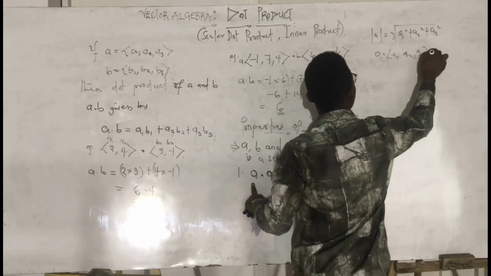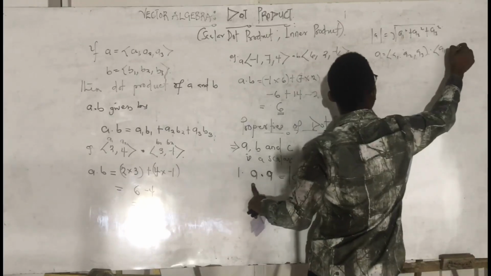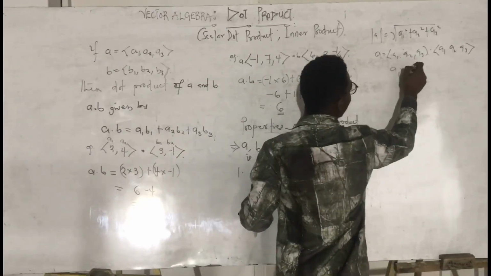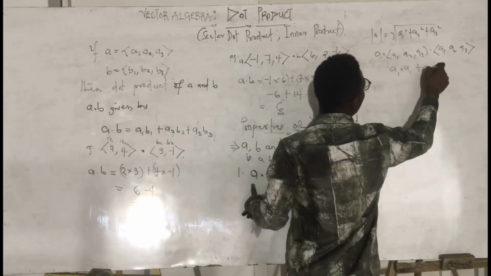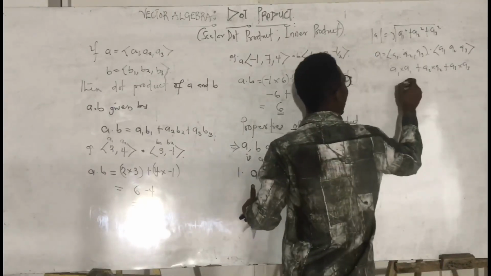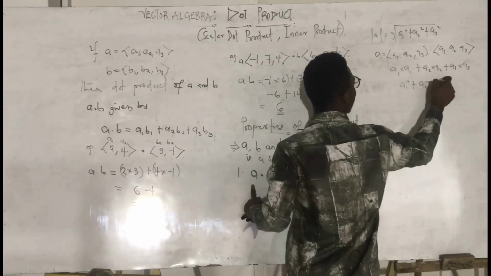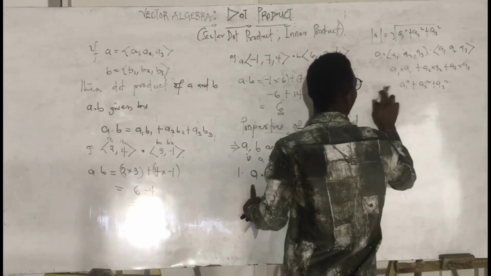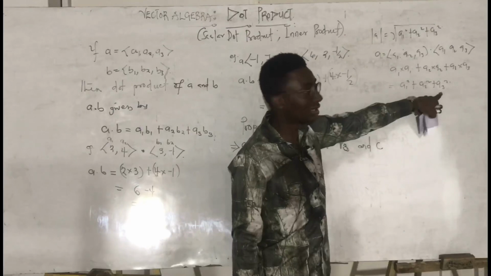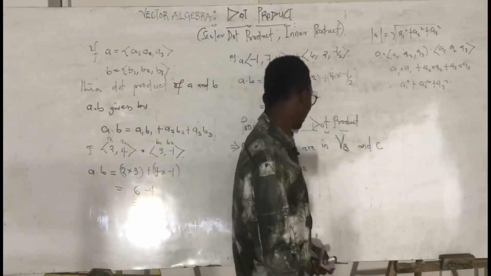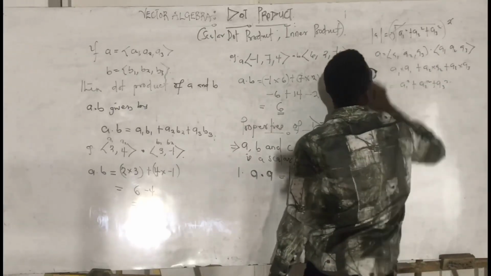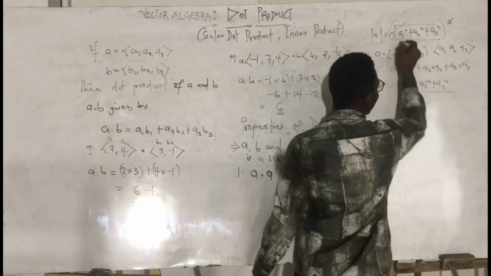So if you have the vector A1, A2, A3 in a dot product with itself, you get A1 times A1 plus A2 times A2 plus A3 times A3, which is A1 squared plus A2 squared plus A3 squared. If you square the magnitude, it takes away the square root, and what is under the square root stays the same.